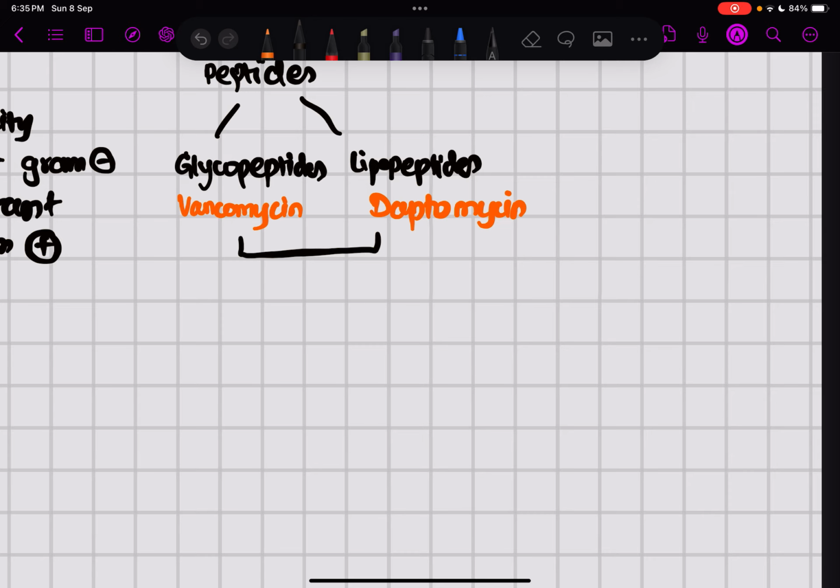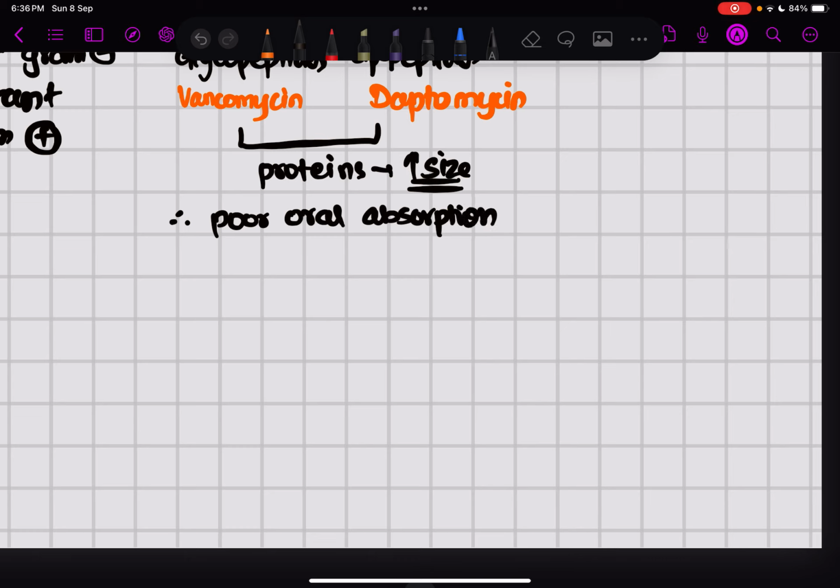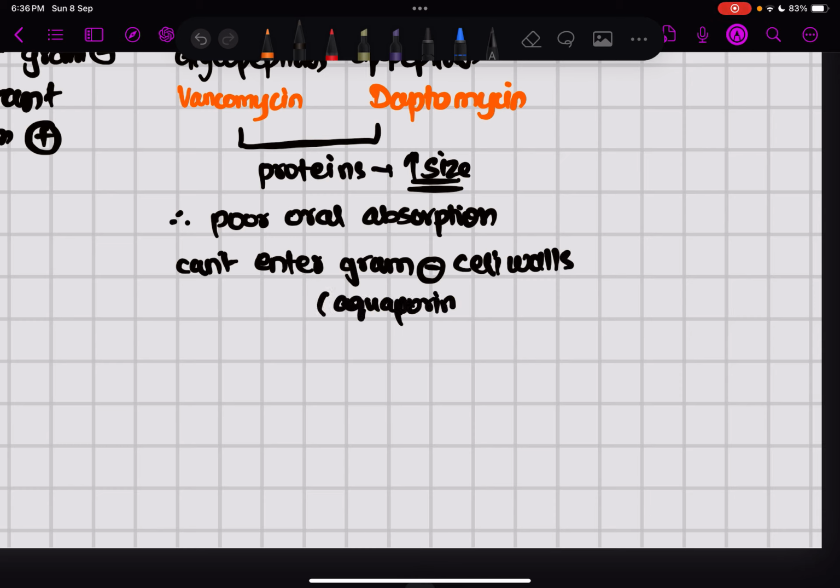What are these peptides? That is proteins. Since they are proteins, they have increased size, so there is poor oral absorption, and they cannot enter gram negative cell walls. Gram negative cell walls have only got aquaporins, which are nothing but water channels.